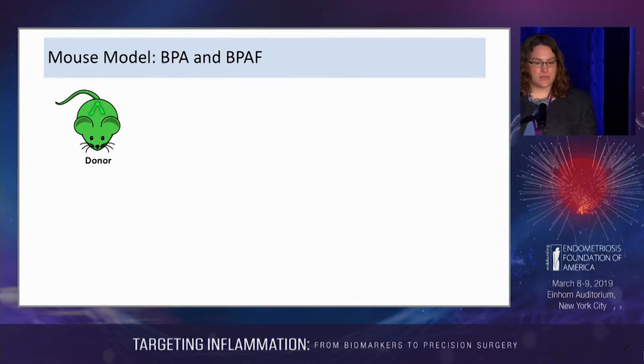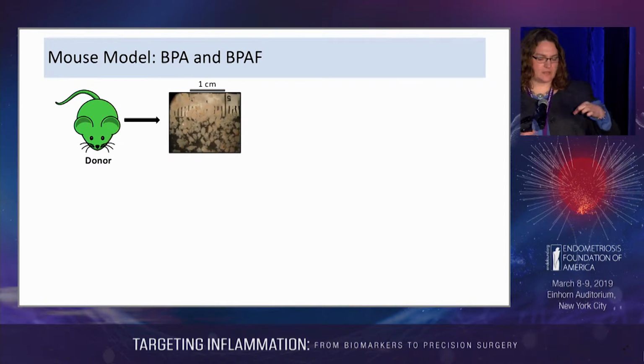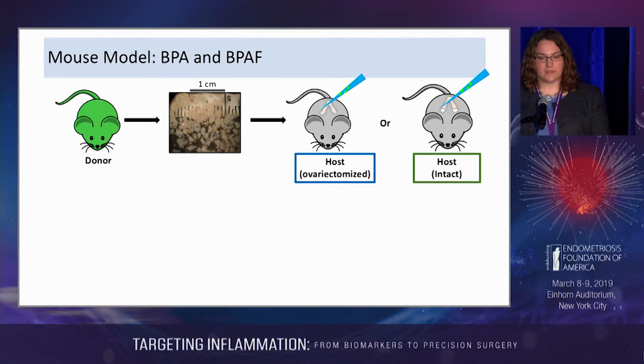We use a mouse model in my lab where we take a uterus from a mouse that is GFP positive. We take the uterus out, carefully peel away the outer myometrium, slit the uterus longitudinally, and then mince it into tiny little pieces. In this experiment, we are using host mice that were ovariectomized, so they have no ovaries, and the only chemicals able to act estrogenically are what we give them.